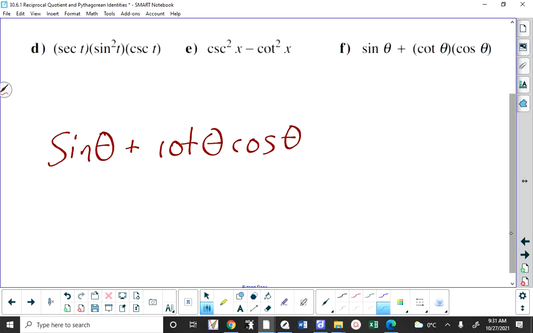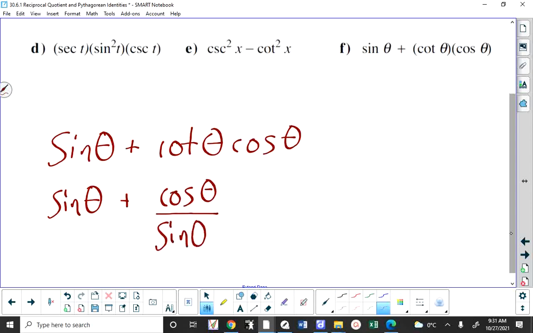And if I do that, every trigonometric ratio can be reduced to combinations of sines and cosines. Cotangent is cosine over sine. I mean, this is actually a new identity as of yesterday.